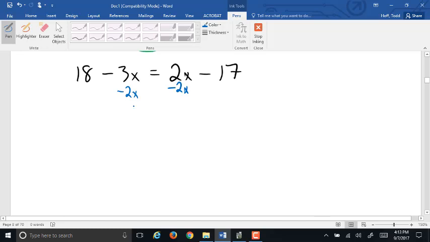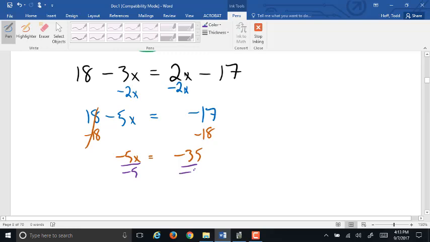What do we get? 18 minus 5x equals negative 17. What would we do from there? Well, the x is over here, so we got to get that by itself, right? So we subtract the 18. Negative 5x equals negative 35. And then divide by negative 5. X equals 7. That way works just fine.